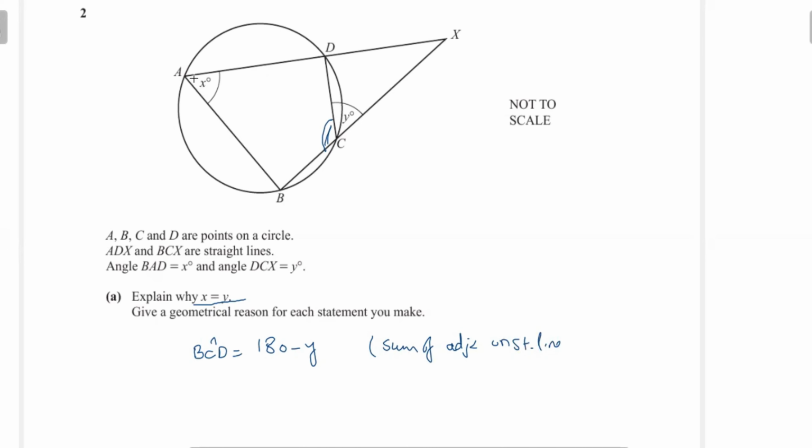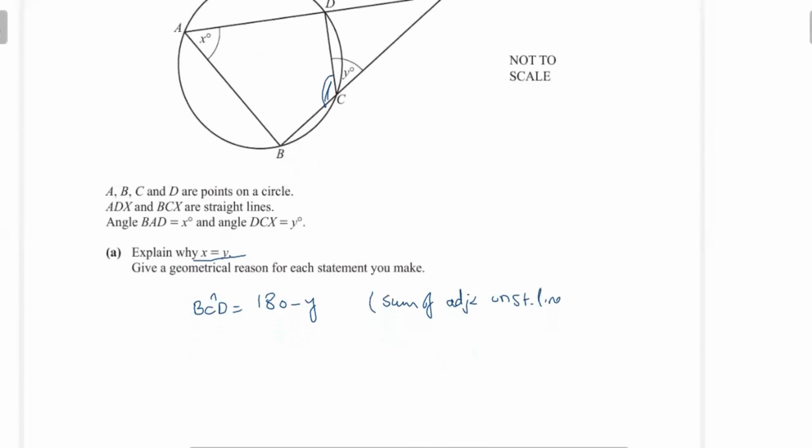Next, you see here that angle A and angle C are diagonally opposite angles of a cyclic quadrilateral. The sum of the diagonally opposite angles of a cyclic quadrilateral is equal to 180. Therefore, we use this property here: angle BAD plus angle BCD.